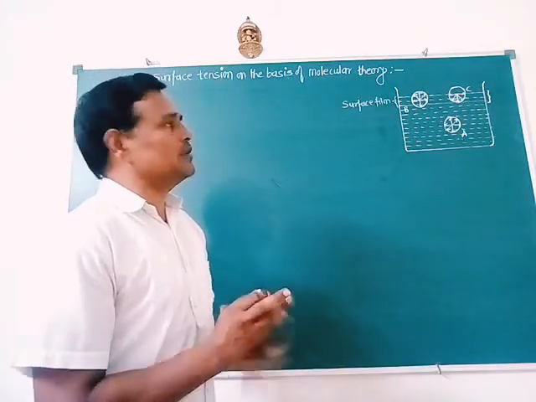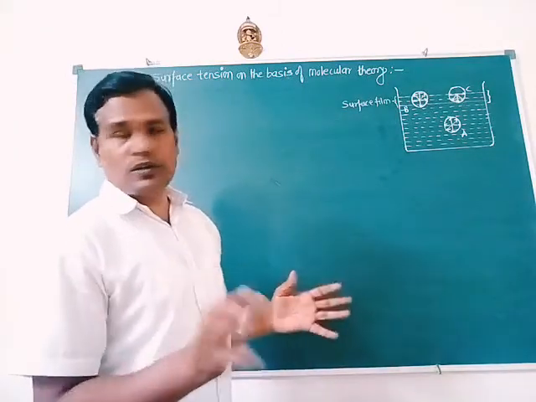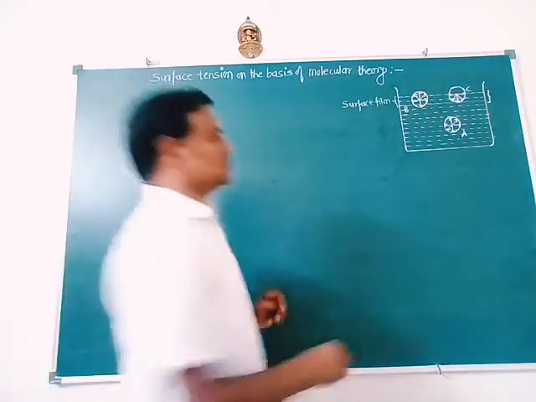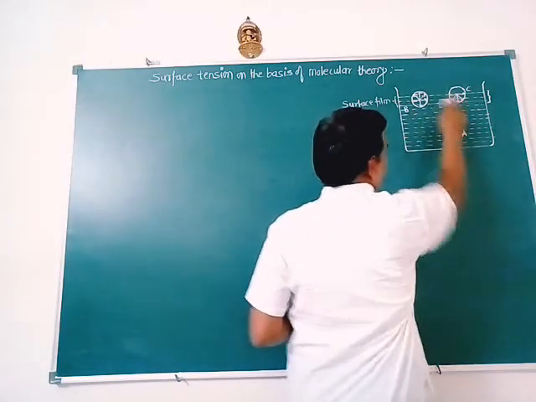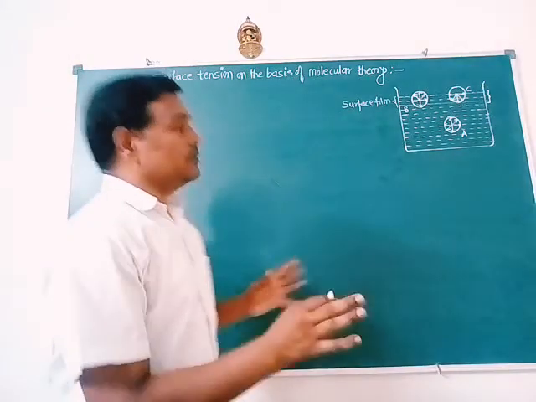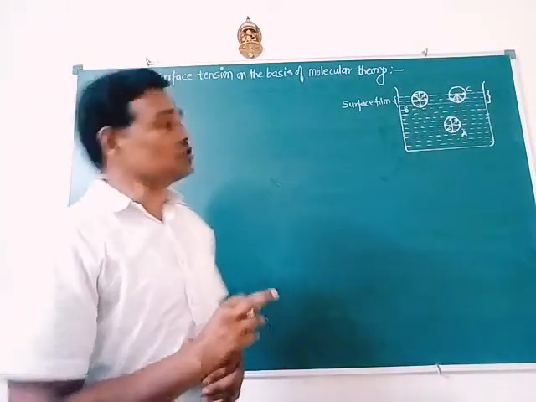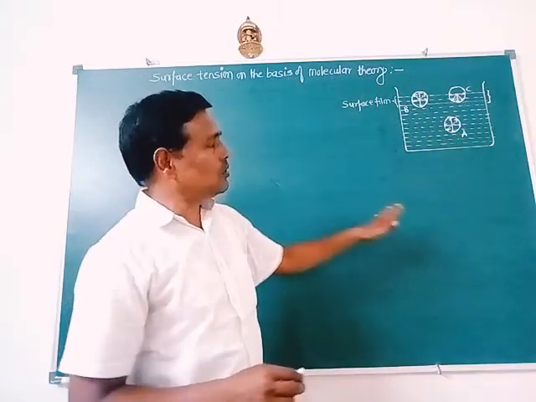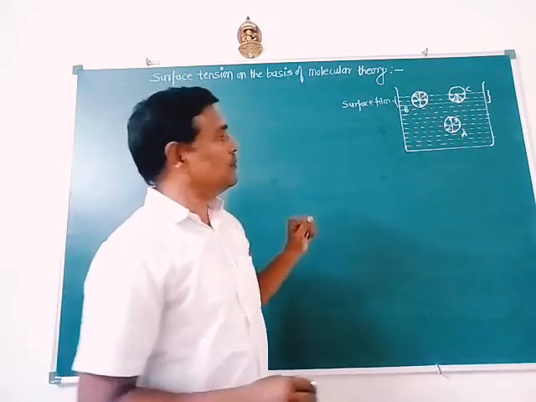Consider a liquid just like water in a container. Consider 3 molecules, molecule A, molecule B, molecule C of the liquid inside a container, such that molecule A is completely inside, or you can say well inside the liquid.